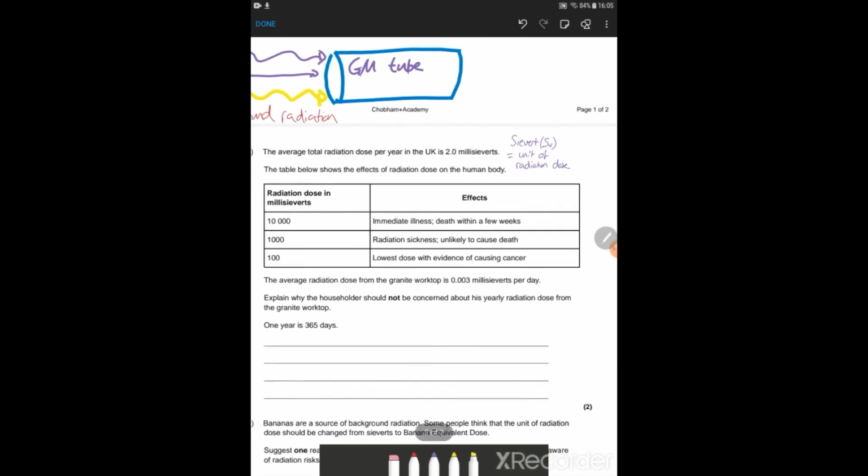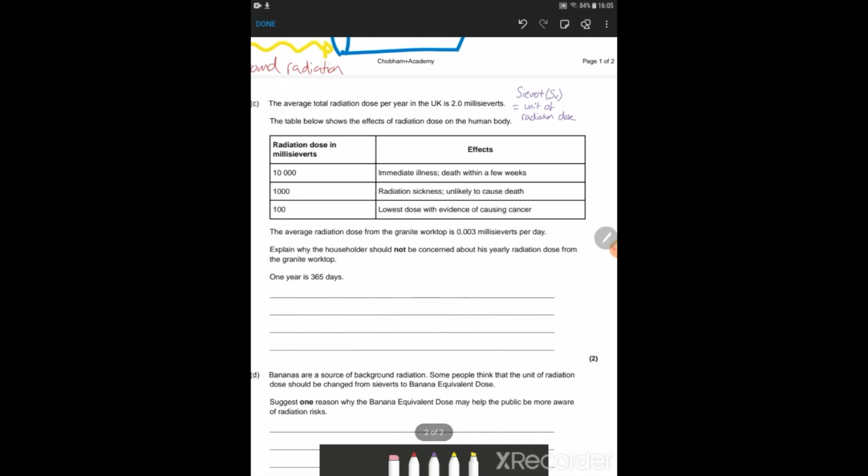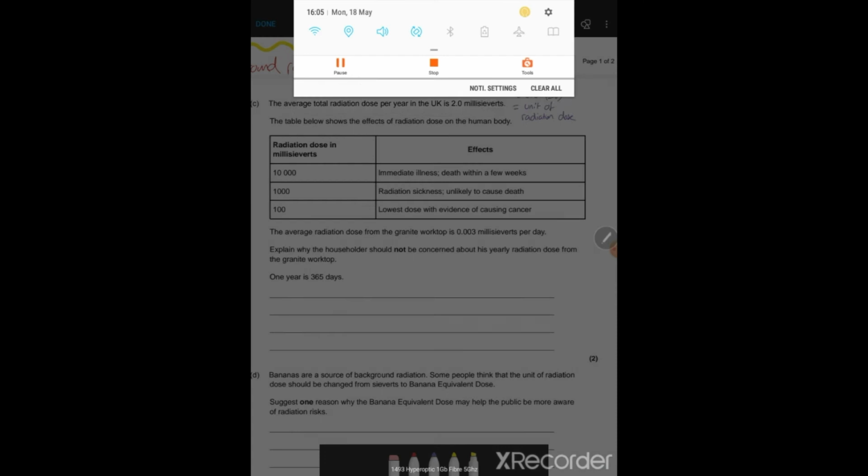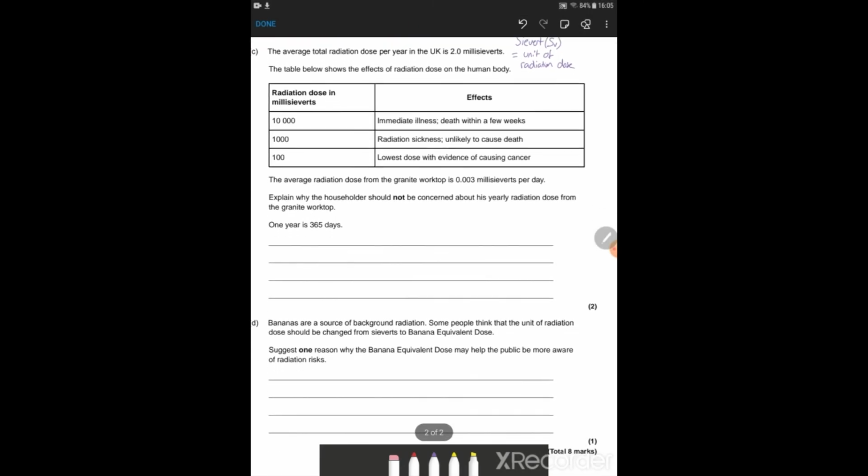Okay, so the table below shows the effect of radiation dose on the human body. So here's our table. We've got 10,000 gives immediate illness, 1,000 gives radiation sickness, and 100 gives evidence of causing cancer. Now the average radiation dose from the granite worktop is 0.003 millisieverts per day.